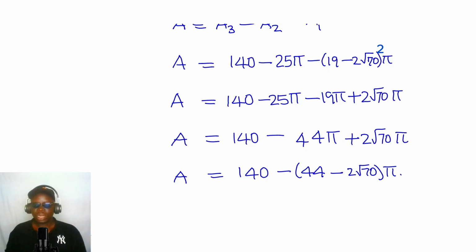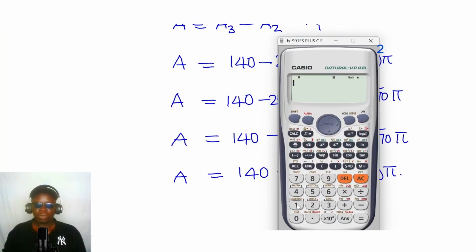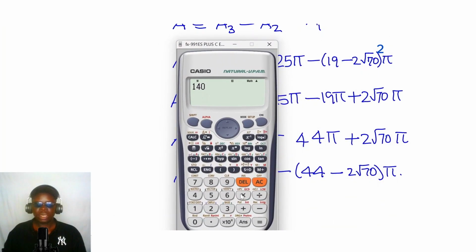At this stage, we can enter everything into a calculator to see how the answer will look. We have 140, and this is subtracted away. So let's also create the same bracket here: 44 minus 2 root 70, and we close up this bracket.